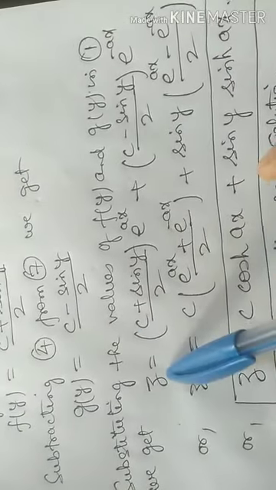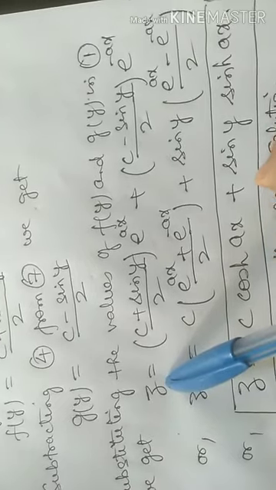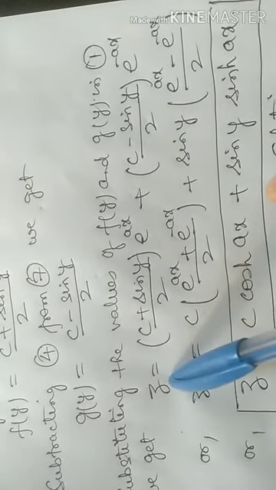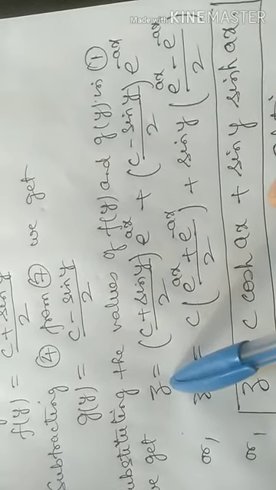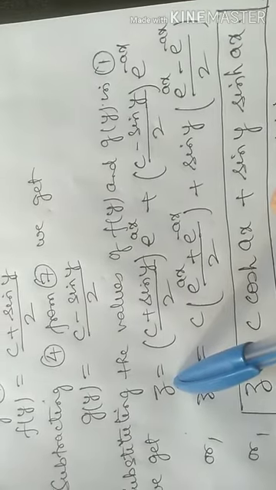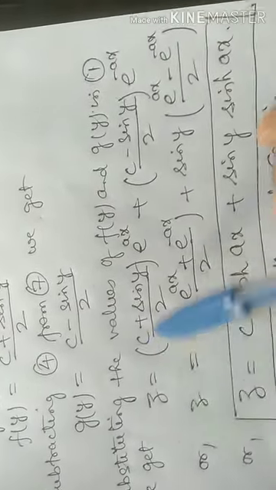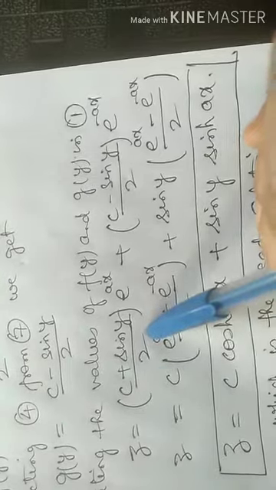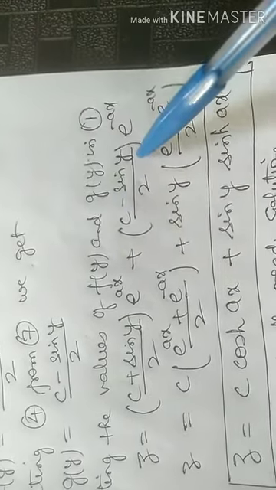So substituting in 1, the equation which contains f(y) and g(y) in the complementary function, z = [(C + sin y)/2] e^(ax) + [(C − sin y)/2] e^(−ax).